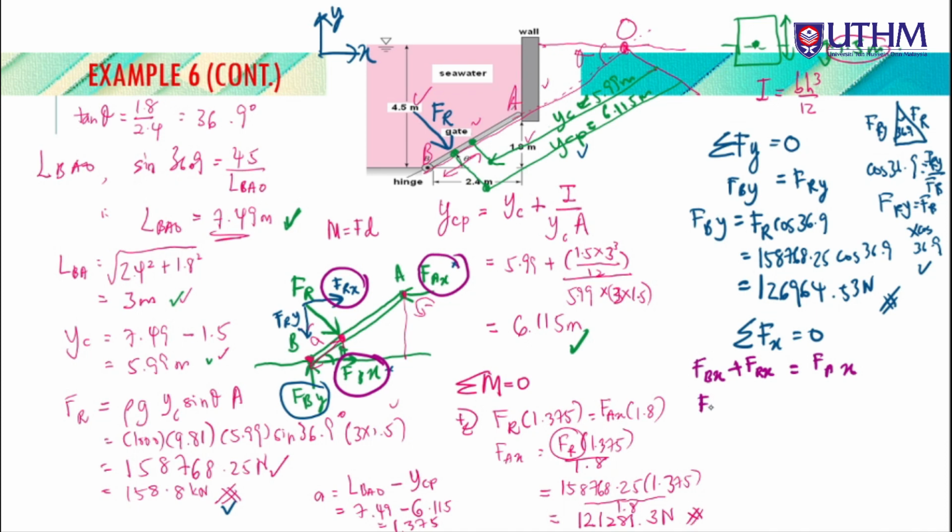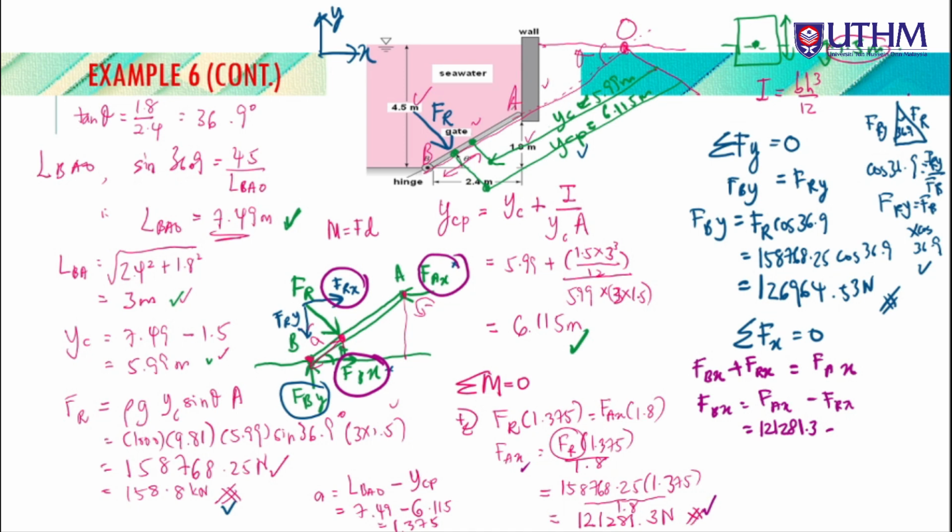So FBX equals to FAX minus FRX. Okay, so FAX ni adalah value yang kita dah dapat tadi. Mana dia tadi? FA ni kan, kita dah dapat kan? So this is 121,281.3 minus FRX.